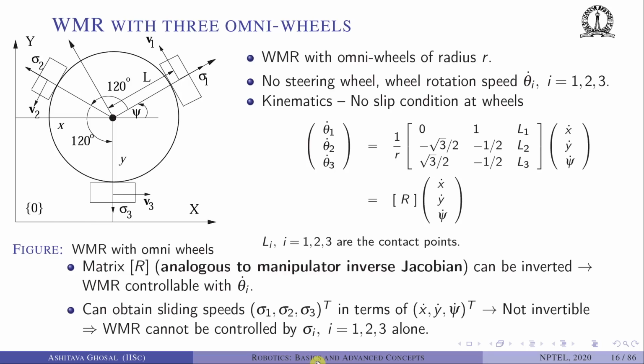You can think of it this way: I need to rotate the motors of three wheels to give any linear and angular velocity. But if I can only slide the wheels in the perpendicular direction, then this analysis is telling you that we cannot move the robot from one place to another, or we cannot achieve any desired linear and angular velocities.